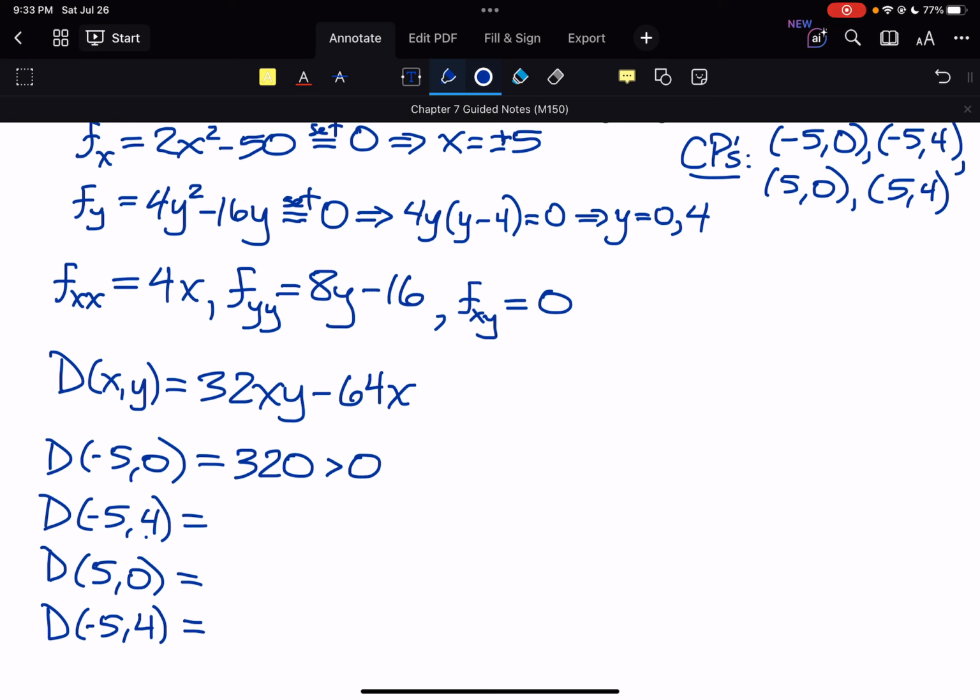Negative 5 and 4 gives us actually negative 320. 5, 0 gives us negative 320. And 5, 4 gives us positive 320. The negatives are done. The positives we need to investigate just a little bit further.